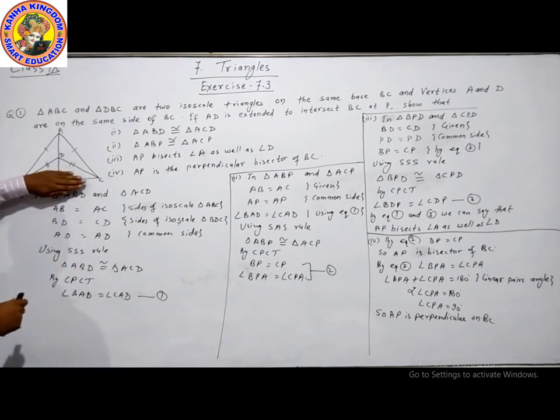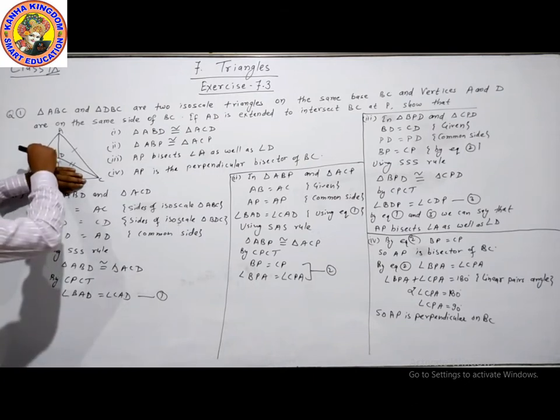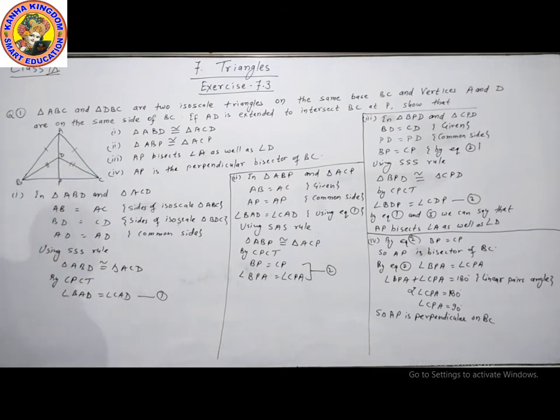BC is our common side, so this one is not equal to any other side. So AB and AC are equal, BD and CD are equal. A and D are on the same side, the upper side of BC.